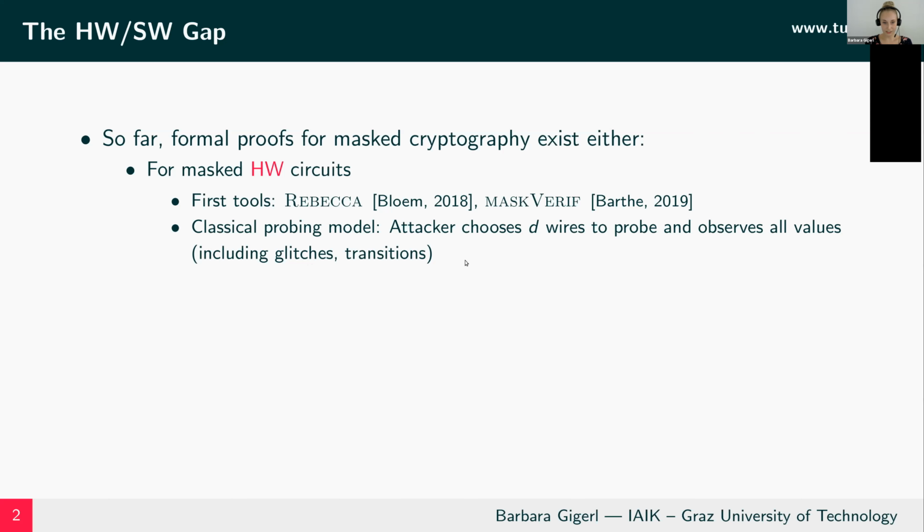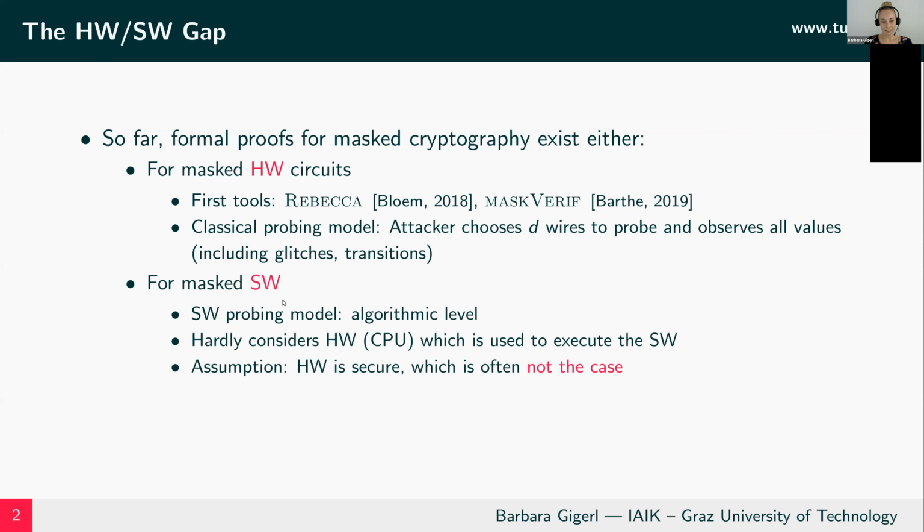The second class of verification tools are constructed for verifying masked software in the so-called software probing model. These checks are rather on the algorithmic level and hardly consider the hardware or CPU which is in the end used to execute the software. The assumption is basically that the hardware is secure, so our processor does not introduce additional security threats to the software.